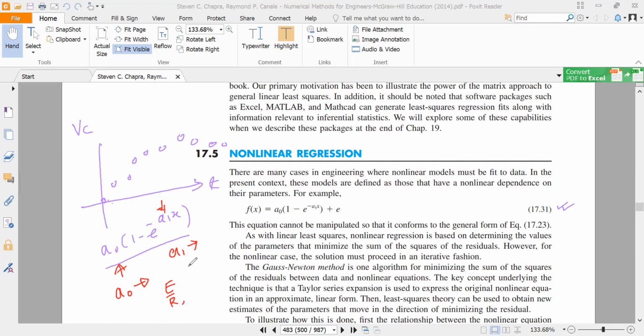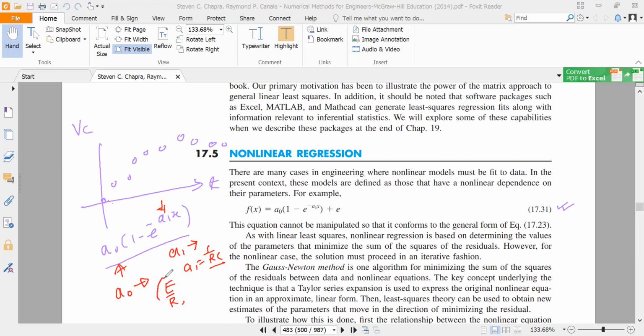And A1 is lambda, and your A1 is equal to 1 divided by RC. Is it? Yes, sir. It is not the time constant, it is the inverse of the time constant. Time constant is RC. A1 is not the time constant. Time constant has the unit of second. A1 has the unit of 1 by second.